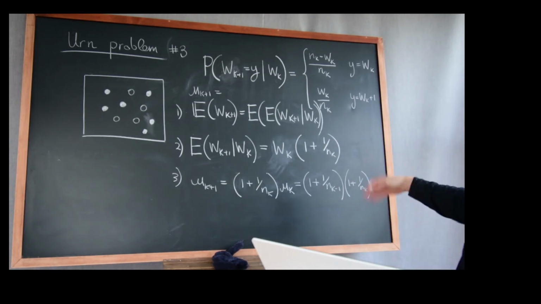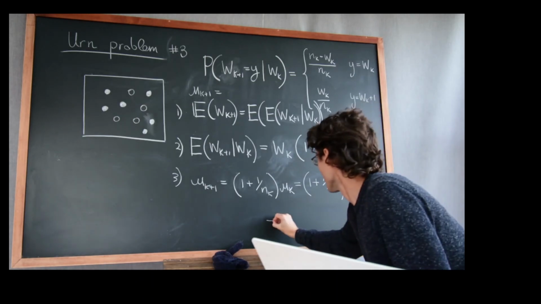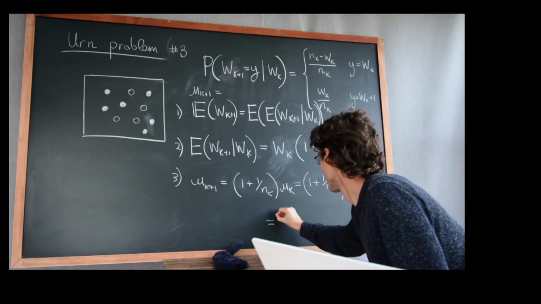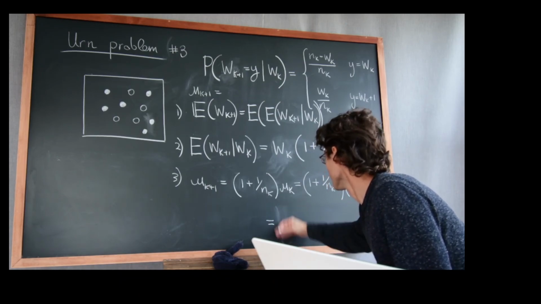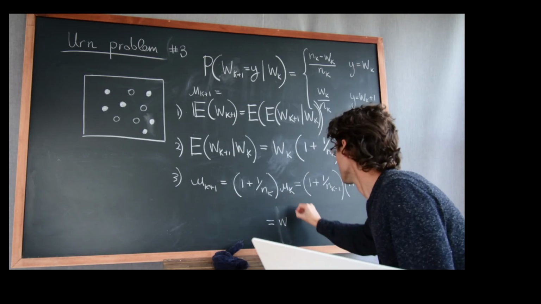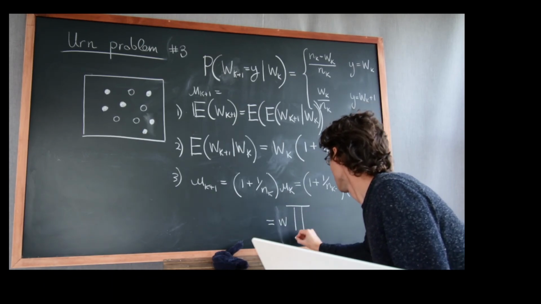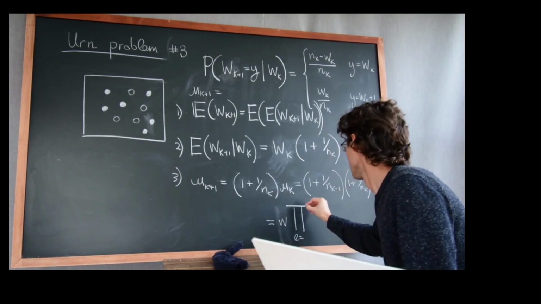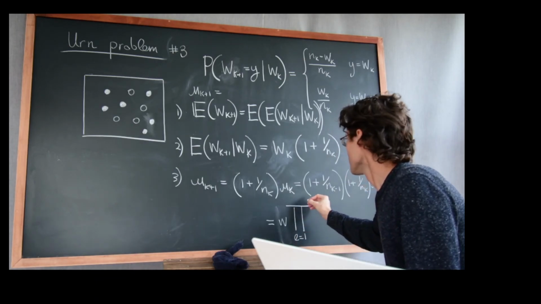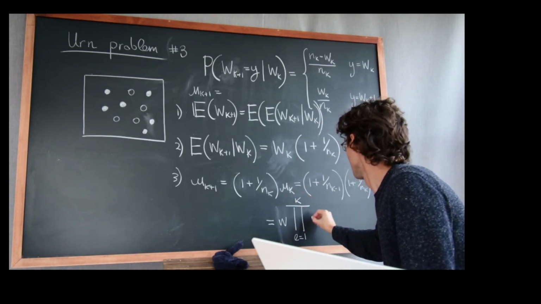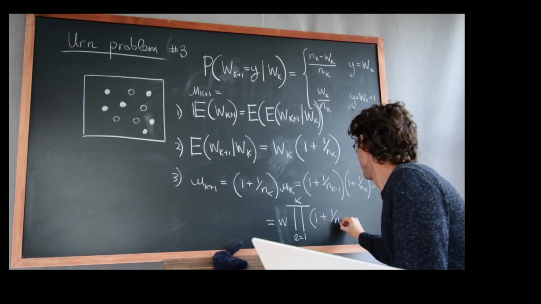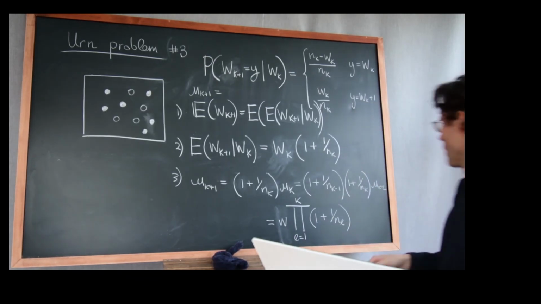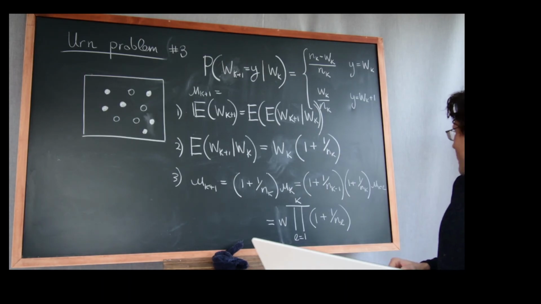Minus 2, and so on and so forth. So this one unrolls pretty easily to be, we'll have a W0. W0 is little w, so that's going to be the initial condition, and then a product that looks something like this. So potentially it's something like this.